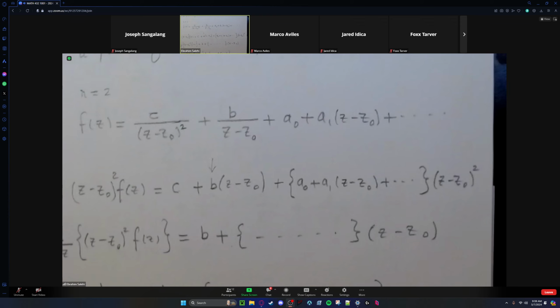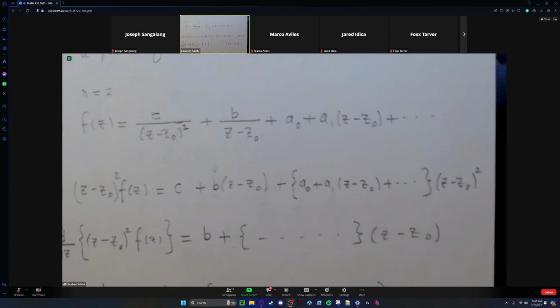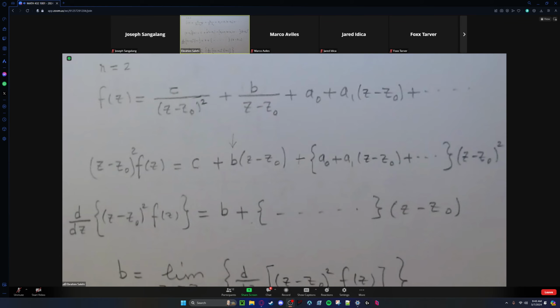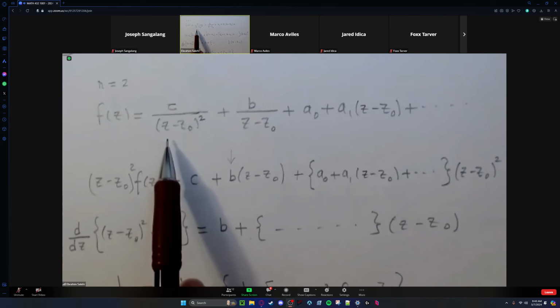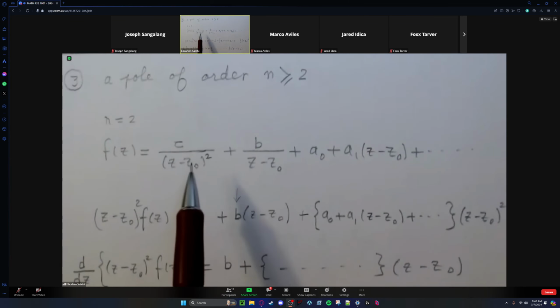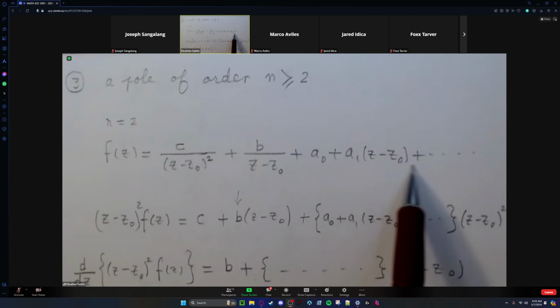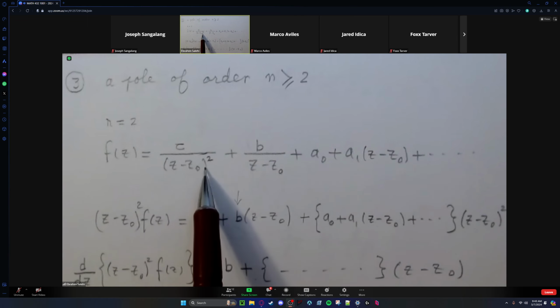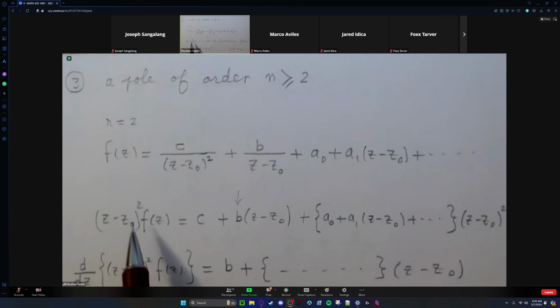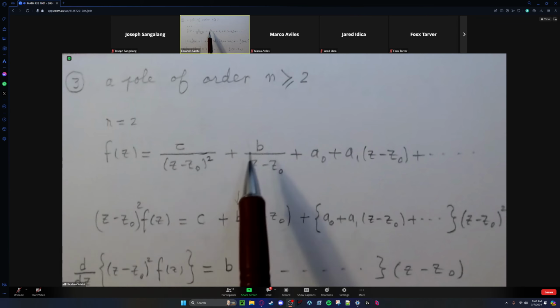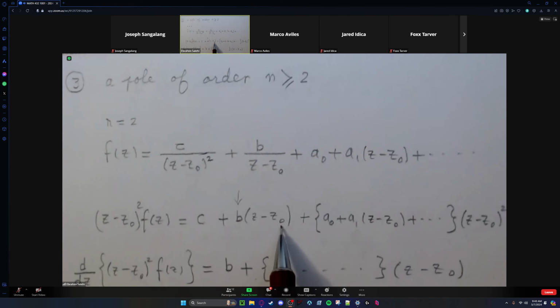If you understand what happens in a pole of order 2, then we can generalize it. If it is a pole of order 2, you expand it in the Laurent series. It looks like this. Now you have to multiply by z minus z naught squared. If you multiply both sides by z minus z naught squared, here I get a constant. Here this will be multiplied by z minus z naught, and the rest.